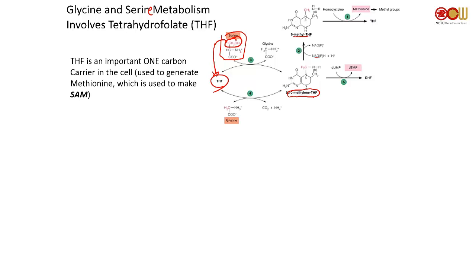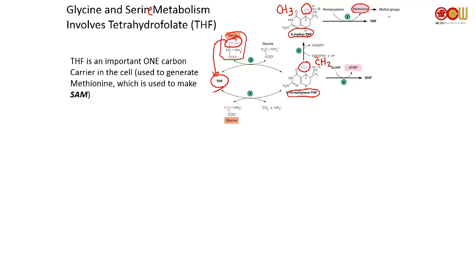Look carefully at what happened. Here, this is CH2. This guy, CH3. So it's a reduction. And you go from methyl THF to methionine, and methionine is used to make SAM.